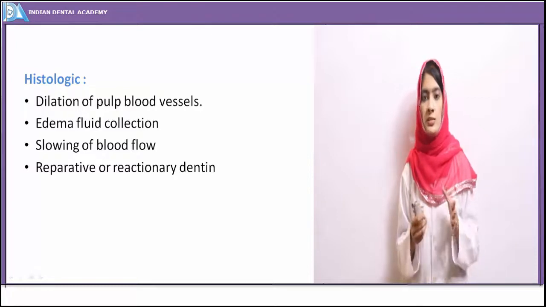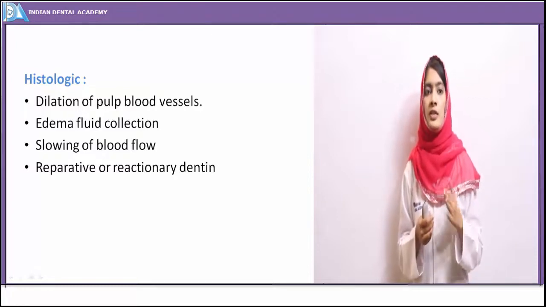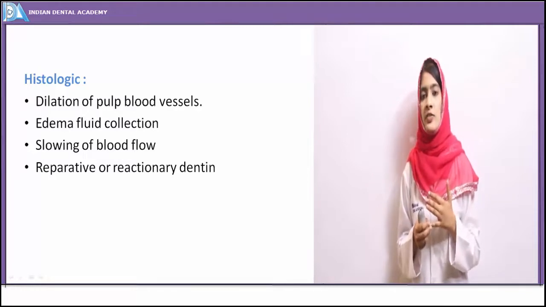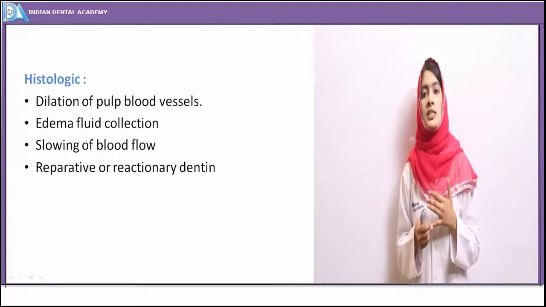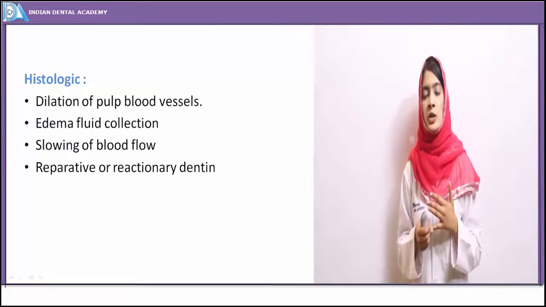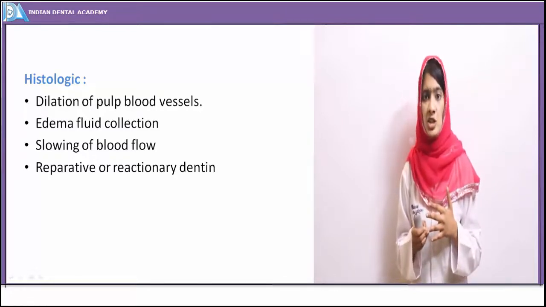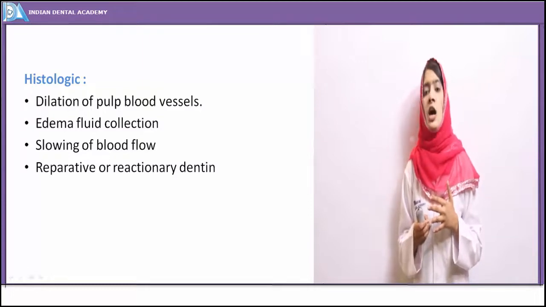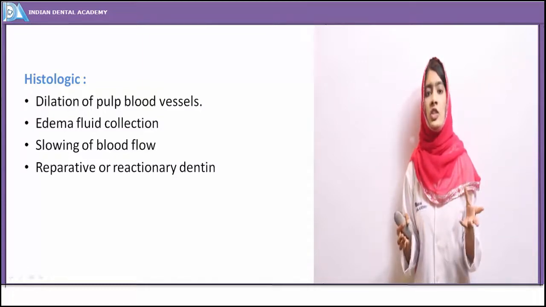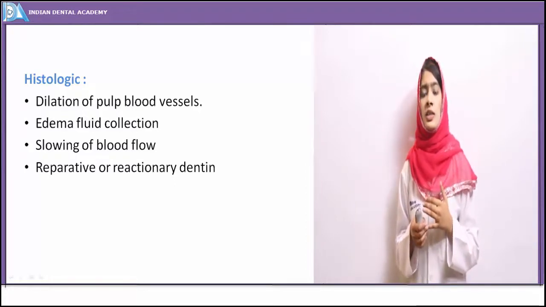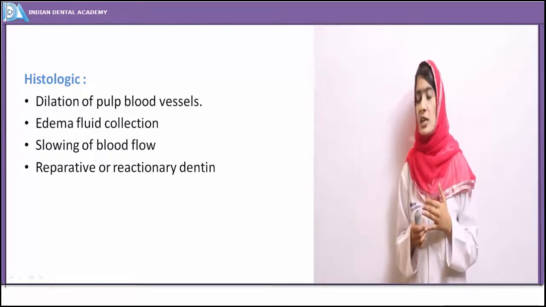It is a reversible condition. It just resolves on its own. When you see the microscopic picture of focal reversible pulpitis, there is dilatation of pulp vessels, so beginning inflammation is occurring, and a little bit of edema collection is seen in the connective tissue. Along with that, there is strangulation of blood vessels, a slowing of blood flow, and polymorphonuclear leukocytes start appearing.